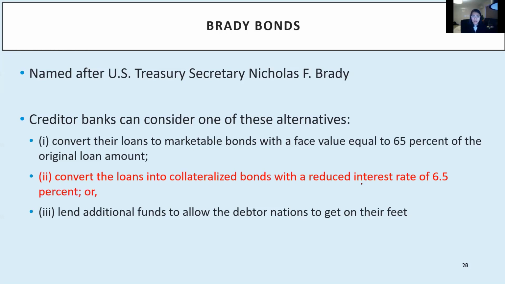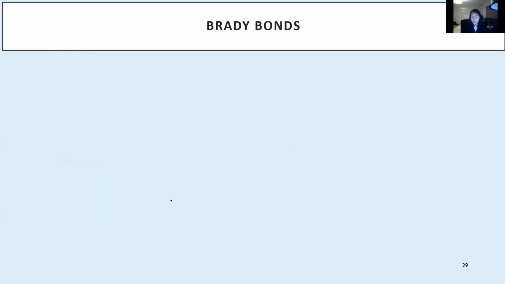Okay, so given the three alternatives, most of the US banks chose option 2, which is to convert the loans into collateralized bonds and reduce the interest rate. Okay. Now, because this was originated by Brady, it was called Brady bonds. Okay.